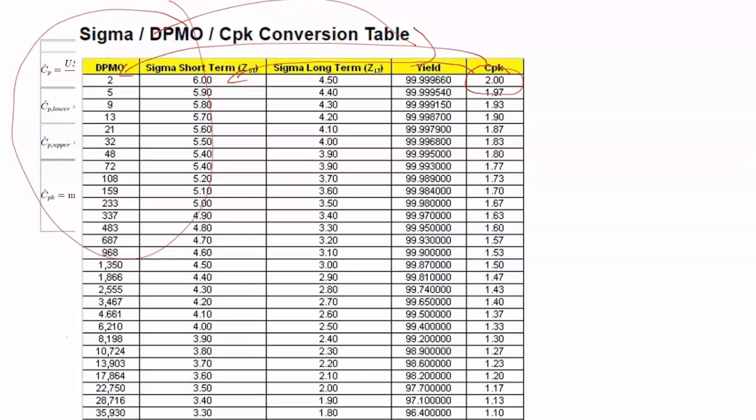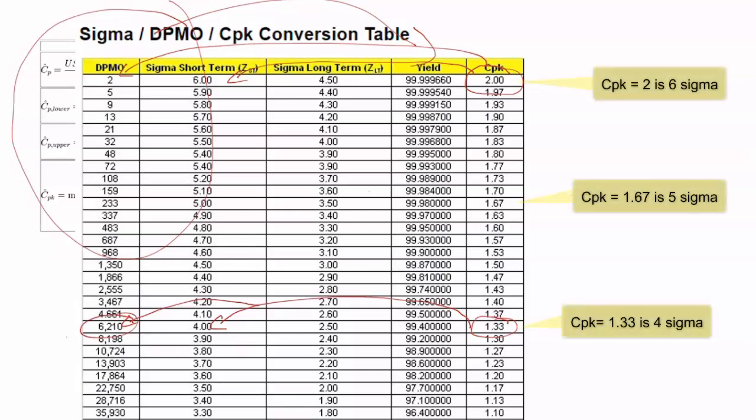If we had a CPK of 1.33, that would be the equivalent of a 4 sigma process and about 6,000 defects per million opportunities. And we could continue on through this. The software calculates it for us. We can look it up in tables, but they're all related.